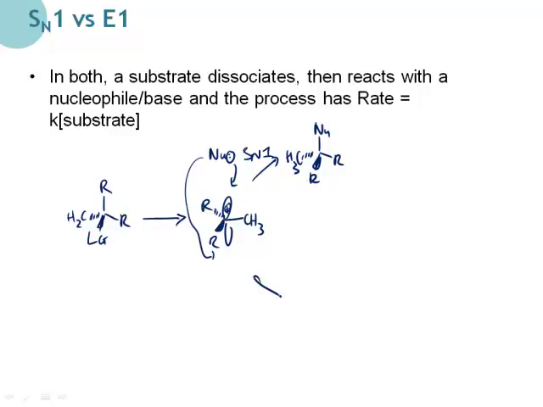If we're going to go in an E1 fashion, let's just redraw this first of all, so that we have one of our protons accessible. And we can just add our base, which can deprotonate and form the alkene.